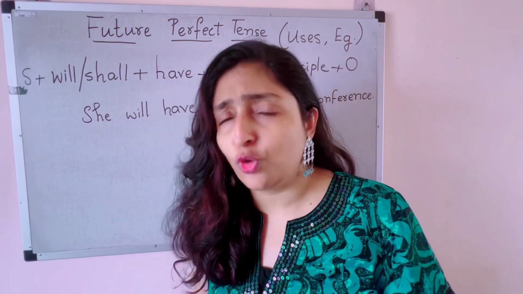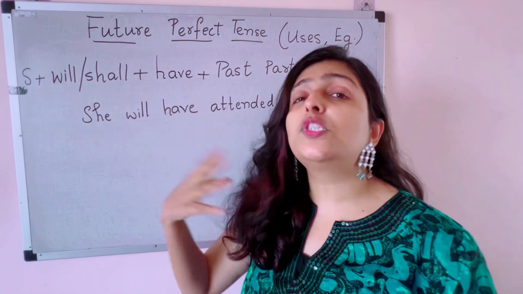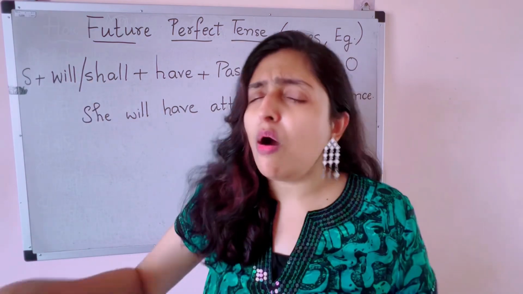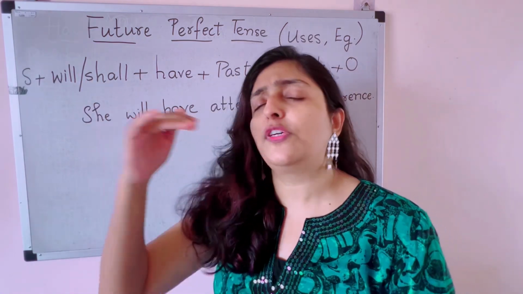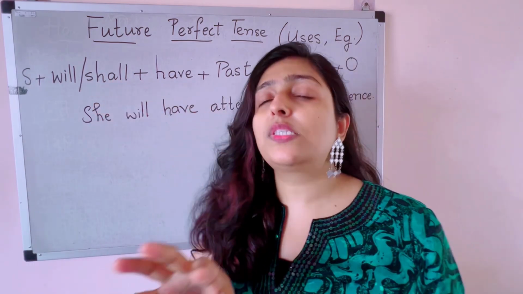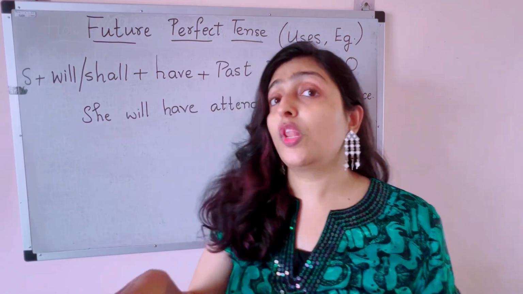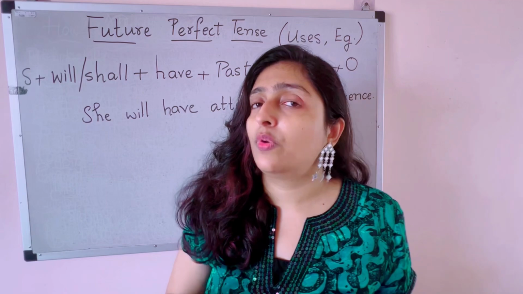You may just have a look. But to be brief, I can say will is mostly used with all the first person, second person and third person pronouns. But shall is used with first person pronouns. First person singular pronoun is I and plural pronoun is we.